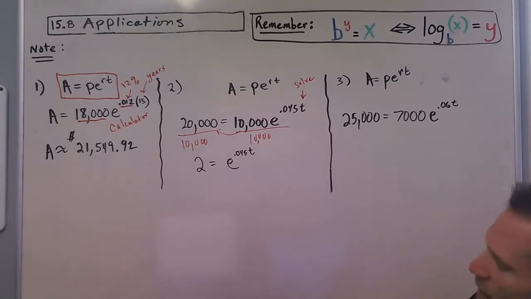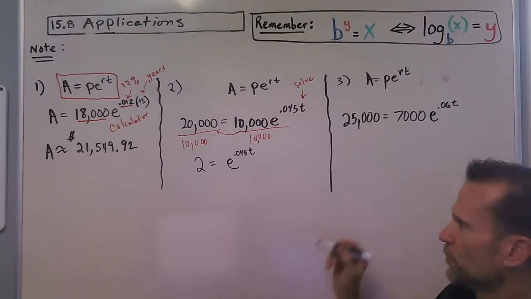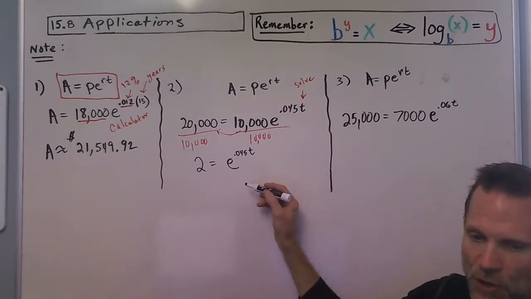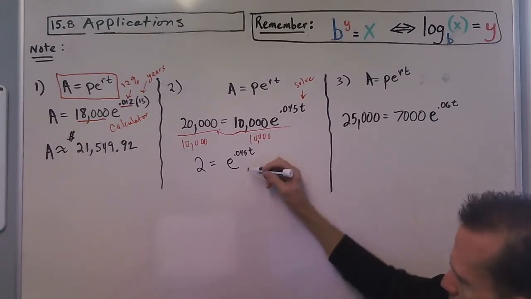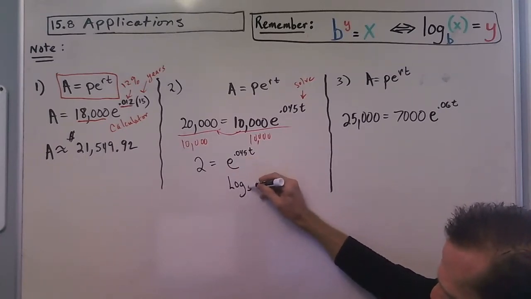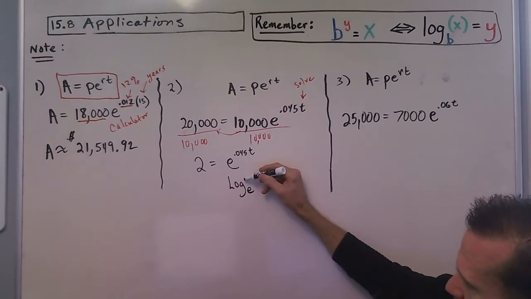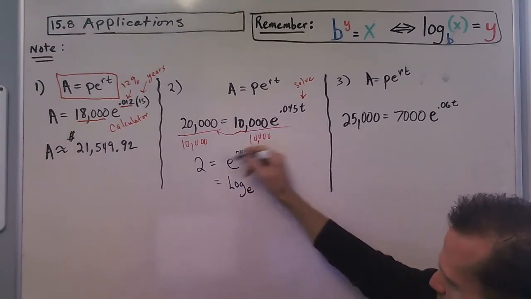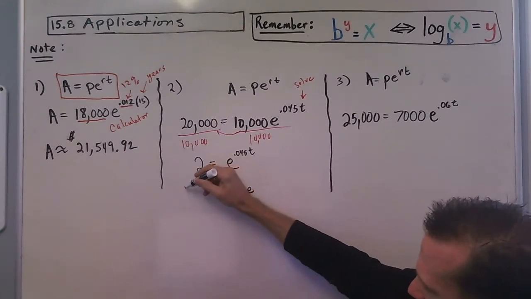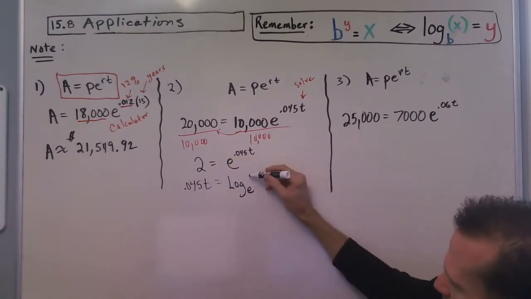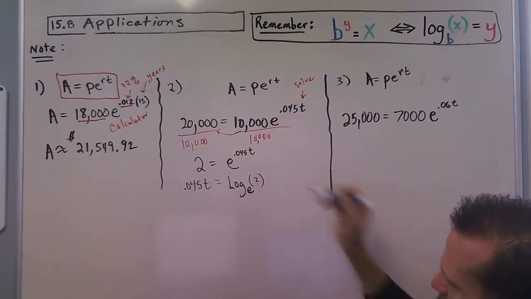Okay, and then one method here is we could say, hey, this is in exponential form. Let's change it to logarithm form. Okay, so we could say log base e. Now we know that's going to be replaced with ln. The exponent part's going to shift over to this side, so we have 0.045 t, and the 2 is going to shift to this side.